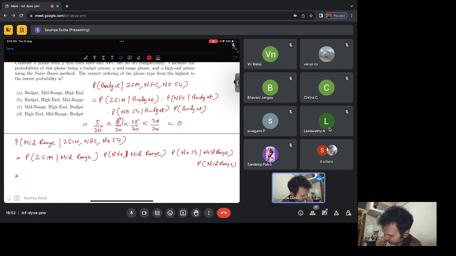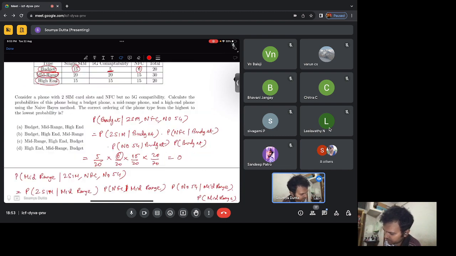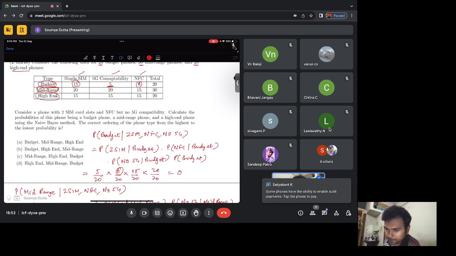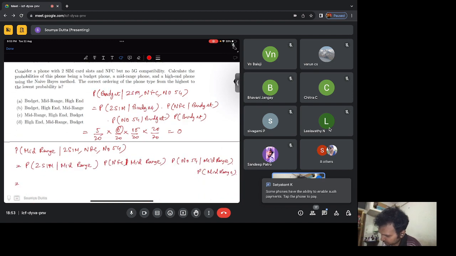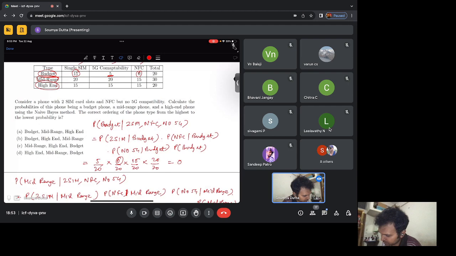Now this would be P of 2 SIM given mid range.